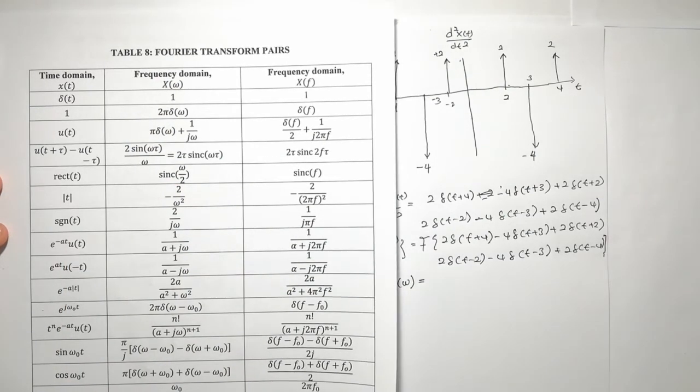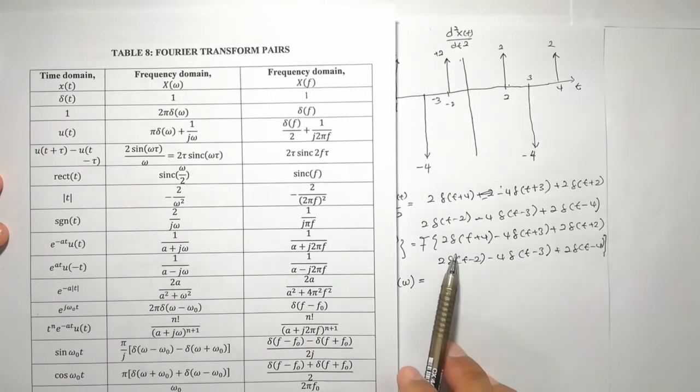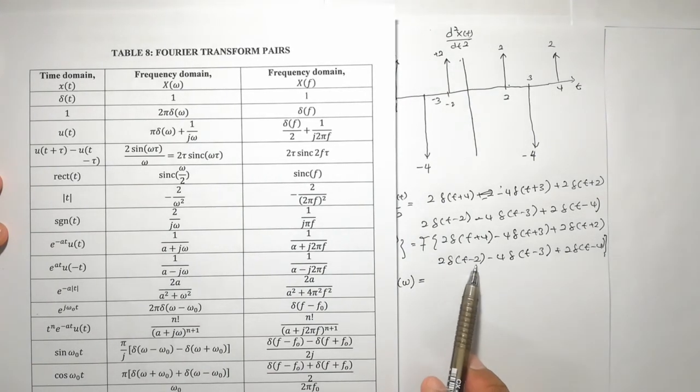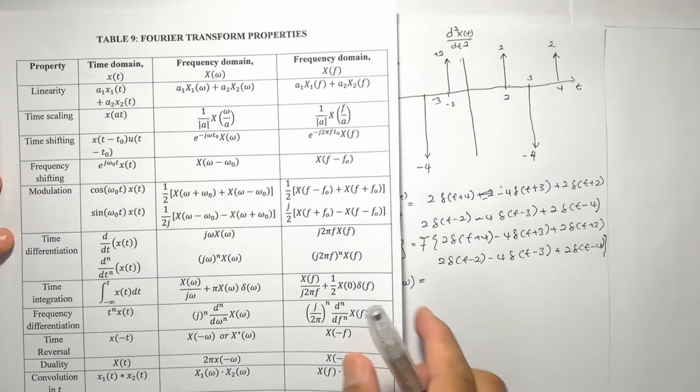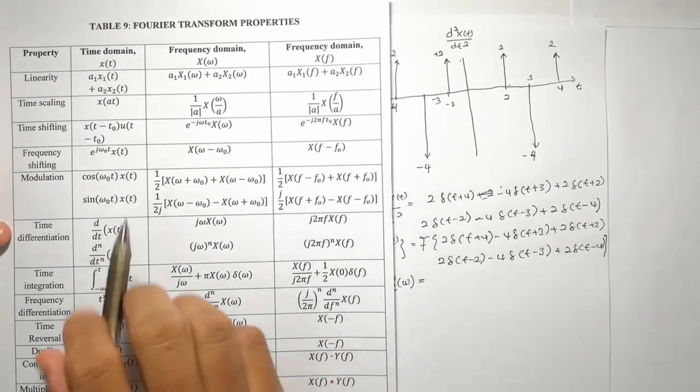However, we have shifting, so we need to use the shifting property, because it's not just delta(t). It is being shifted, one advanced and one delayed. So we need to use the time shifting property to find the Fourier transform.